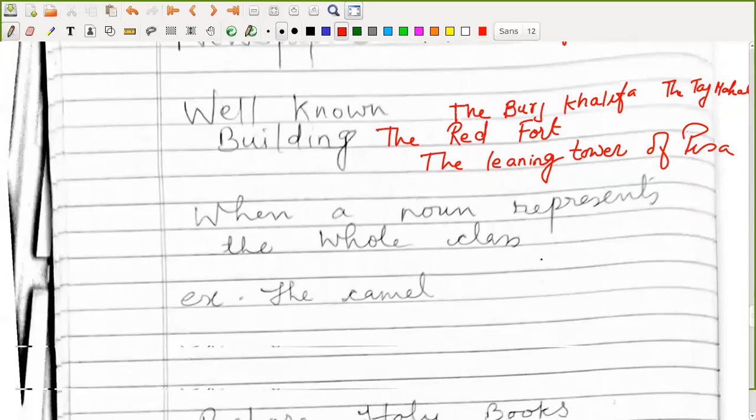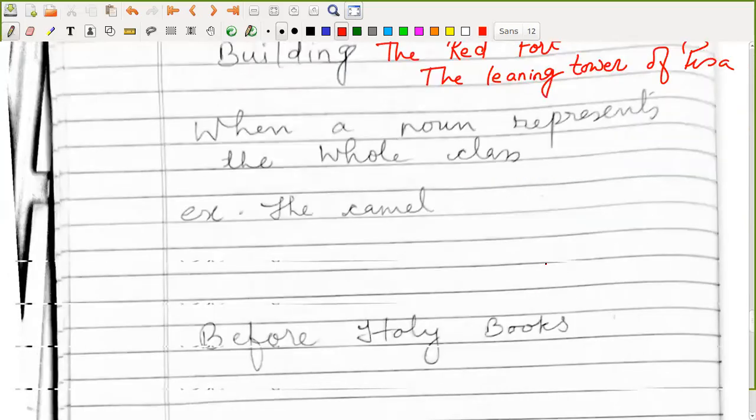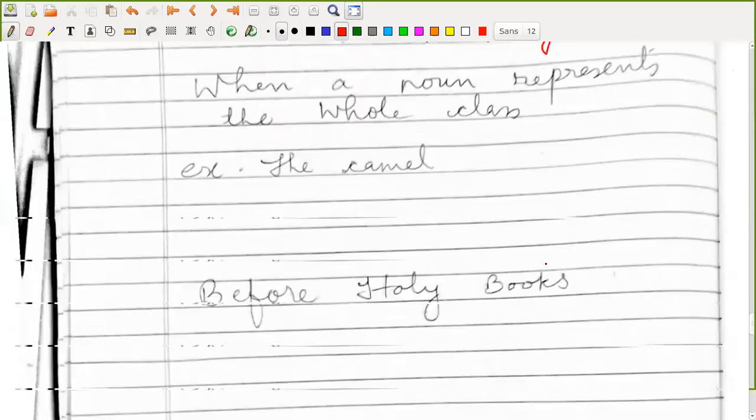So you have to remember to use the before all the geographical features: rivers, seas, oceans, deserts, mountain ranges, group of islands. Then you use the when a noun represents the whole class.